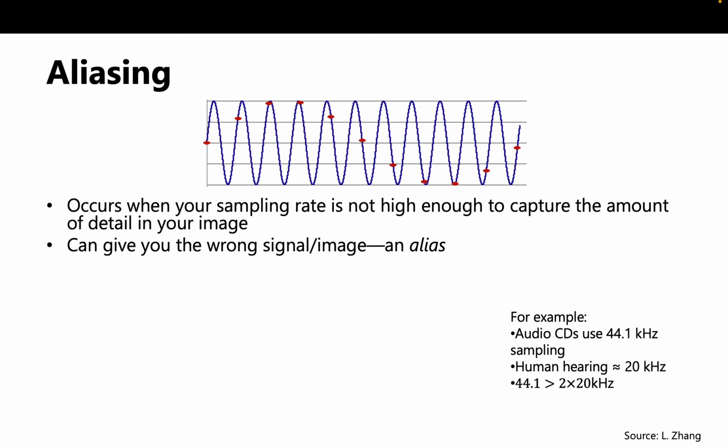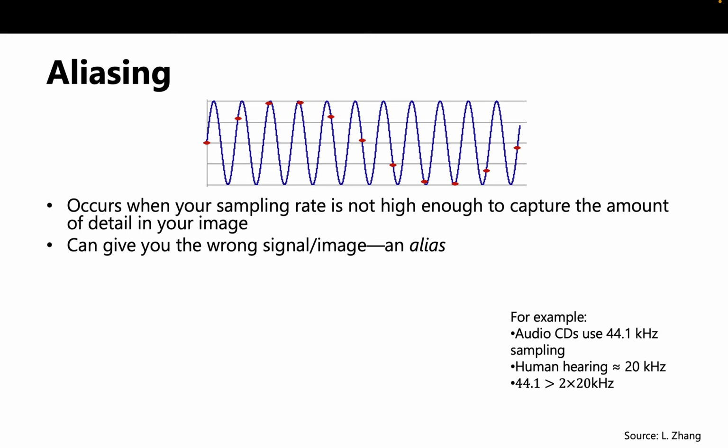So what is aliasing? If you have a 1D signal, you will see this kind of signal pattern. And if your sampling rate is not high enough, you will fail to capture the details of your signal.